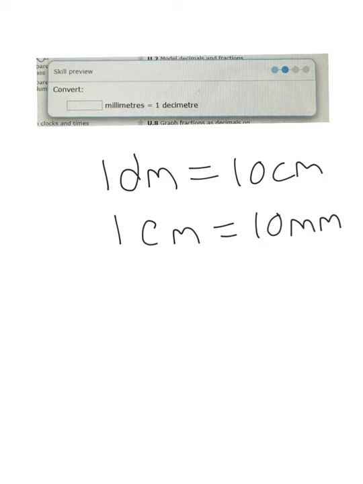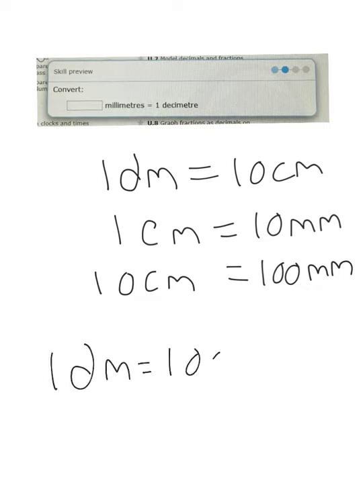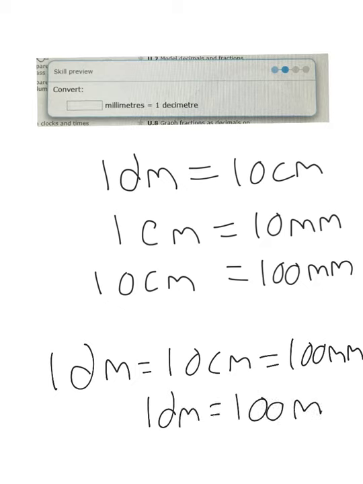So 1 centimeter is 10 millimeters, therefore 10 centimeters, we must times this by 10, is 100 millimeters. If you don't believe me, look on your ruler. It's clear, you can count the little bits. So now we know 1 decimeter equals 10 centimeters, and 10 centimeters equals 100 millimeters. So we can actually say those things are all equal. 1 decimeter equals 10 centimeters, which also equals 100 millimeters. So from there, we can just say 1 decimeter equals 100 millimeters. So 100.